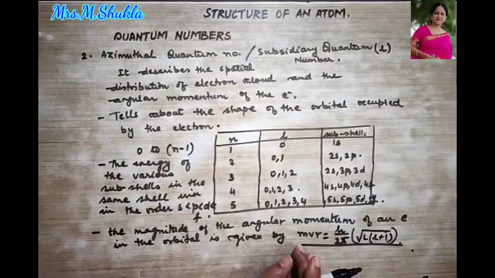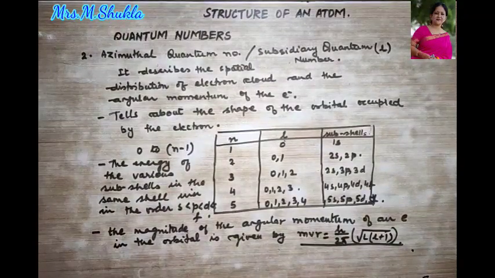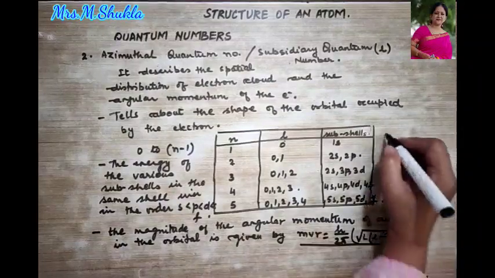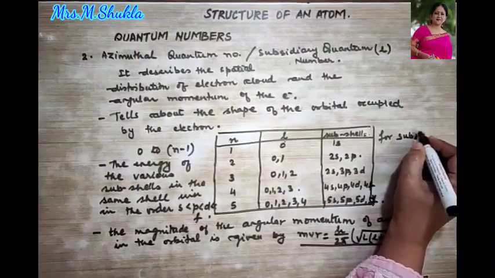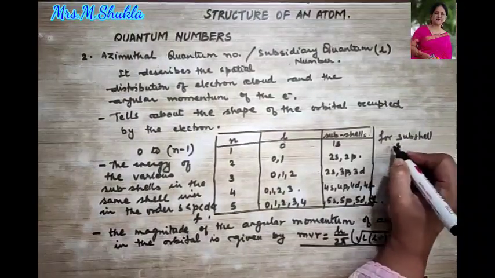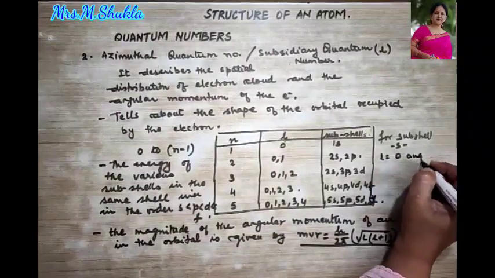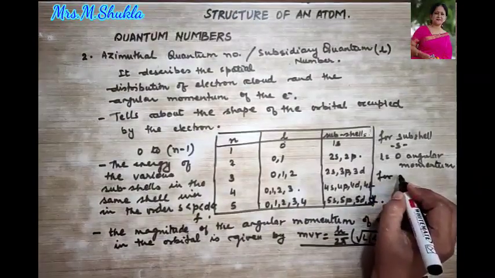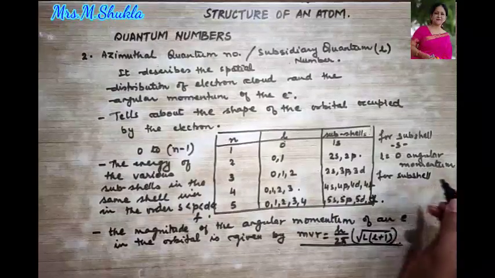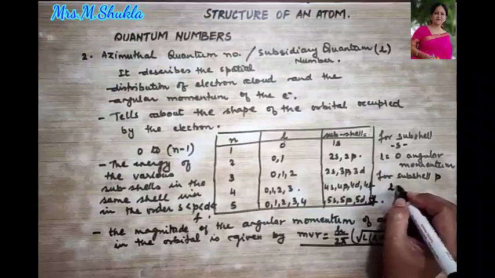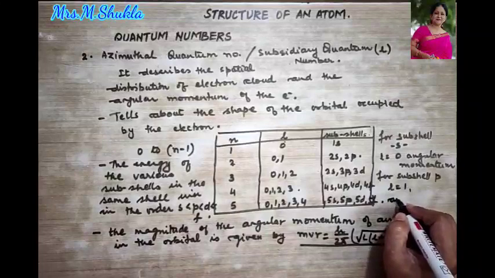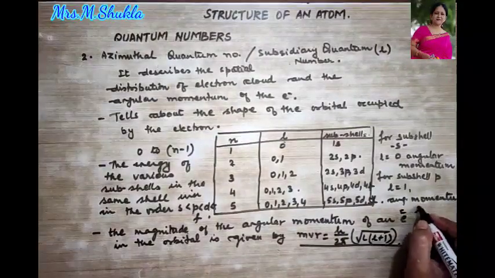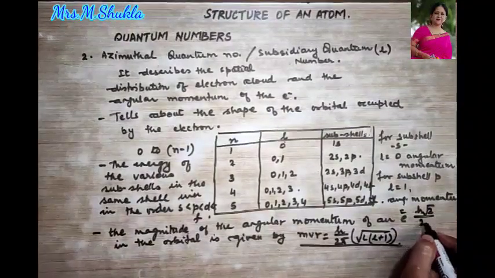For the s subshell, l will be 0, so the angular momentum is 0. But for the p subshell, l is equal to 1 and the angular momentum is equal to h under root 2 upon 2 pi.